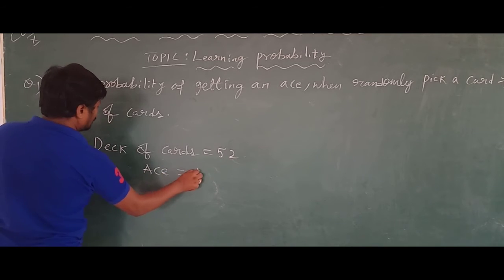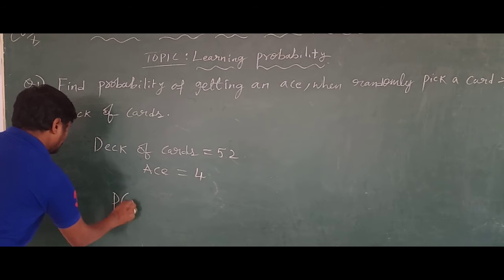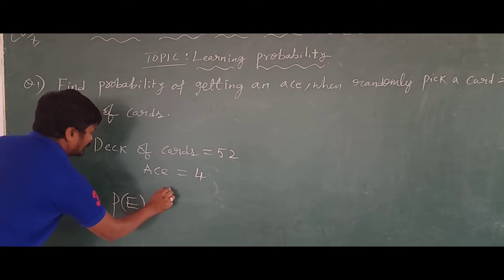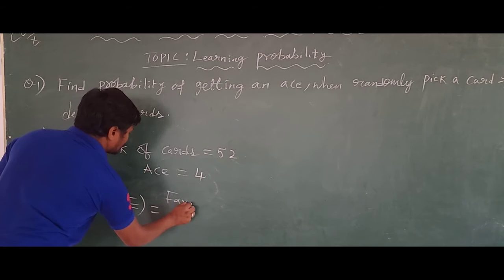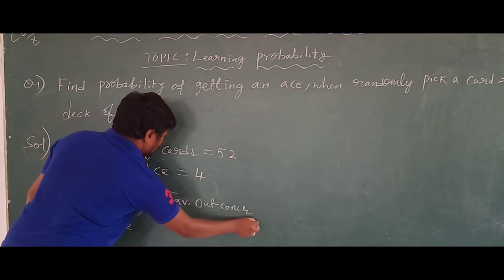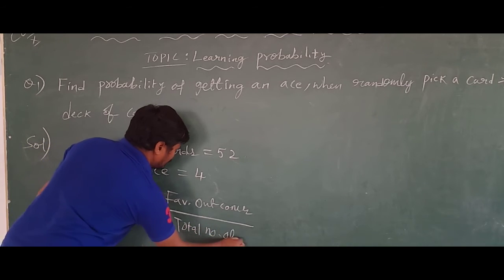How many aces are there? 4 ace cards, and it is not mentioned whether black or red. What is the probability of the event ace? Favorable outcomes upon total number of outcomes.